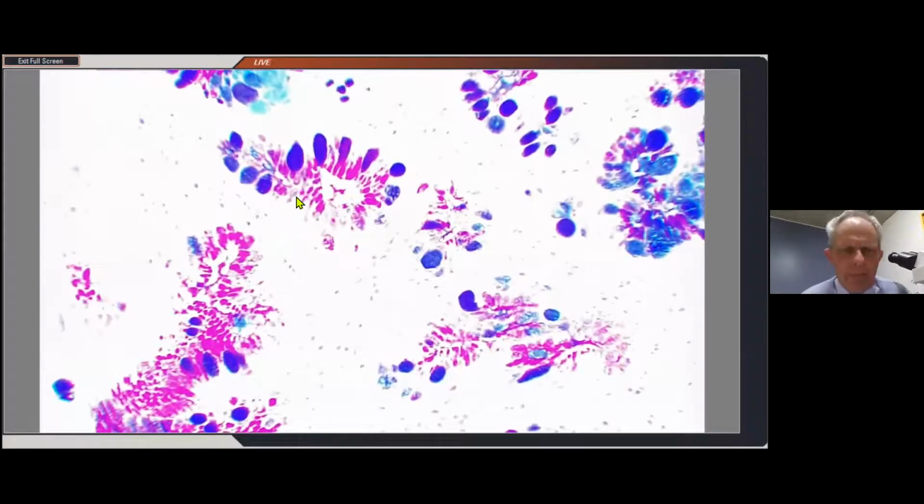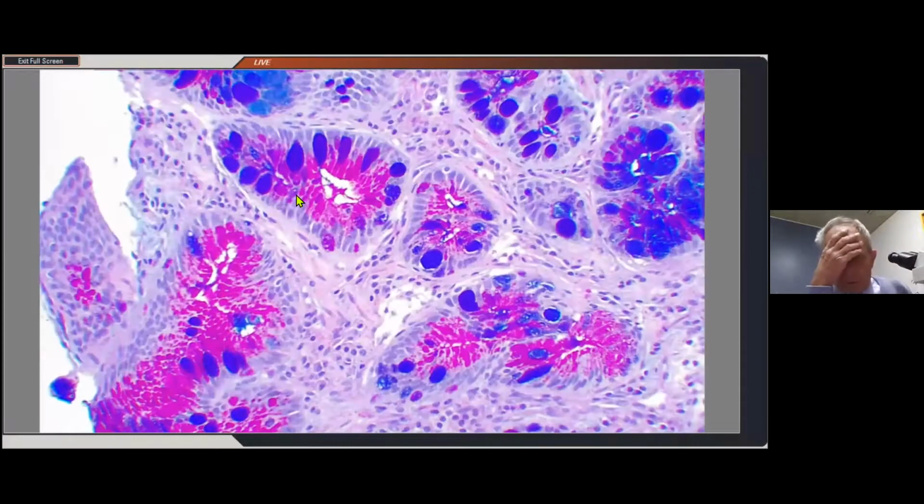And normally, let's say we have normal gastric mucins, then those would be PAS positive, and they would be magenta in color, such as this here.